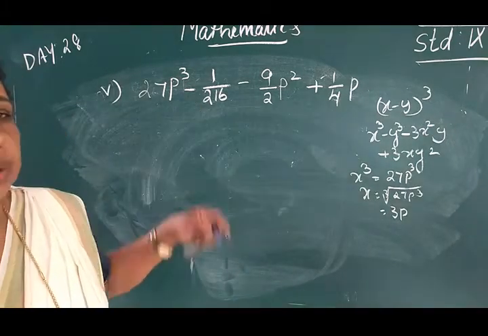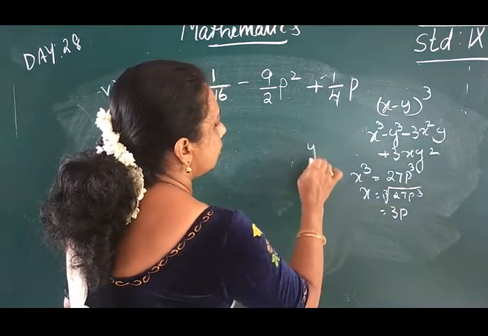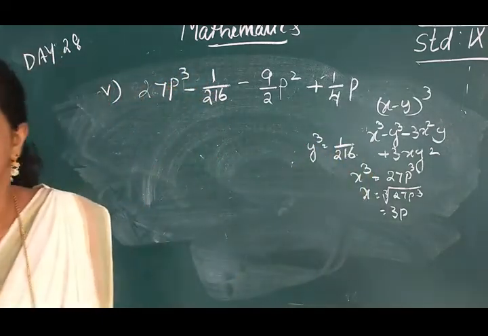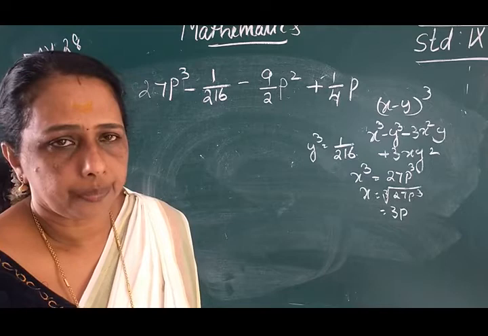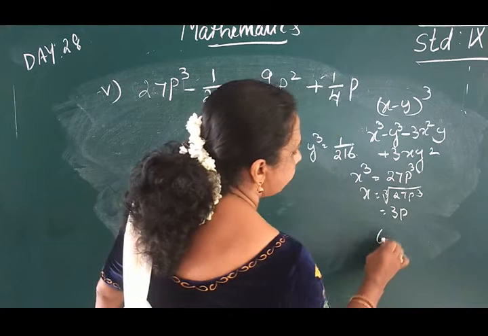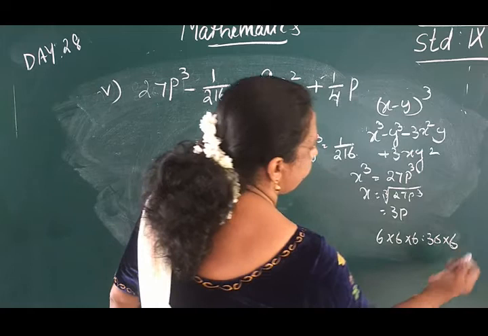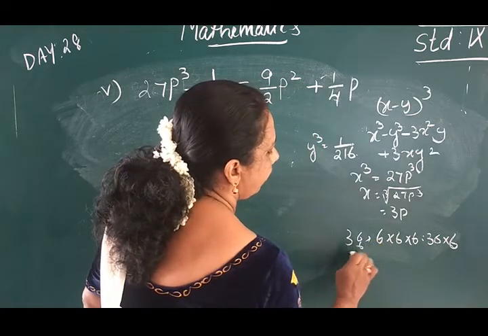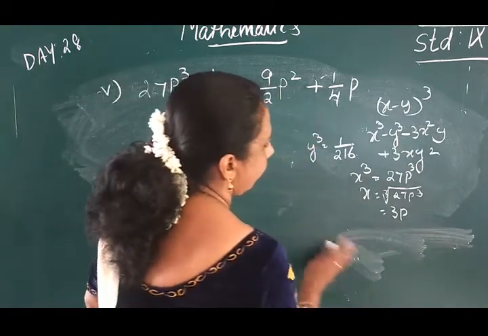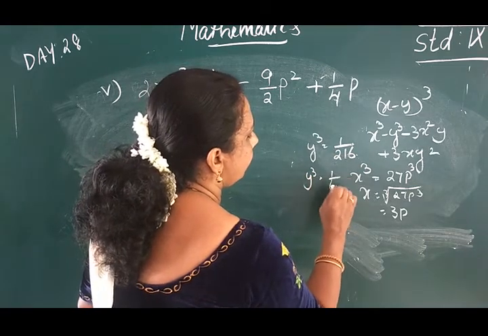Then y cube is equal to 1 by 216. We know 216 is 6 into 6 into 6, that is 36 into 6, which is 216. So y cube is equal to 1 by 6 cube.